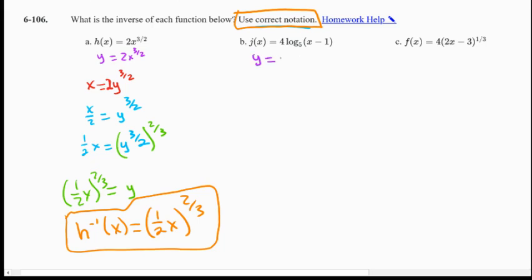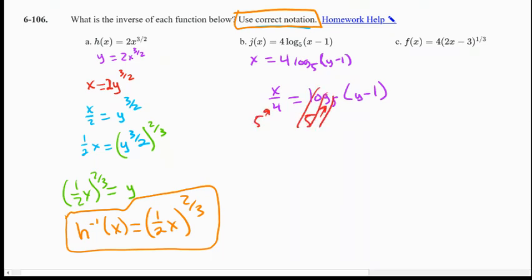Okay, second one here for j of x, same idea. I'm going to switch x and y here. So I'm going to say x equals 4 log base 5 of y minus 1. Divide both sides by 4 to get x over 4, or 1/4 times x. Again, I don't think it is too big of a deal which way you write that. And then to get rid of this log, I'm going to raise both sides to a base of 5 to cancel that out.